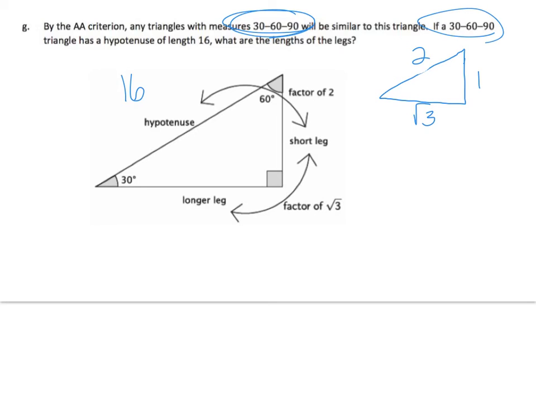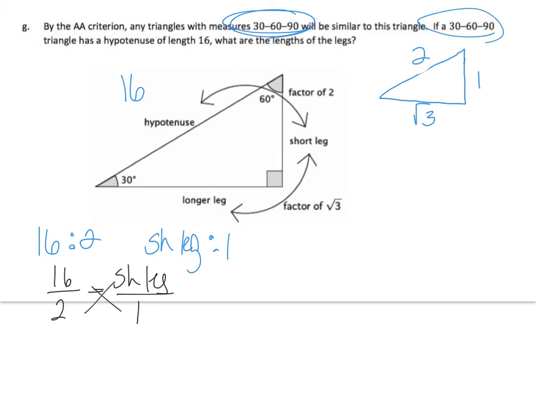So 16 is to 2 as the shorter leg is to 1. We can solve for that. Cross multiply: 2s equals 16, s equals 8.